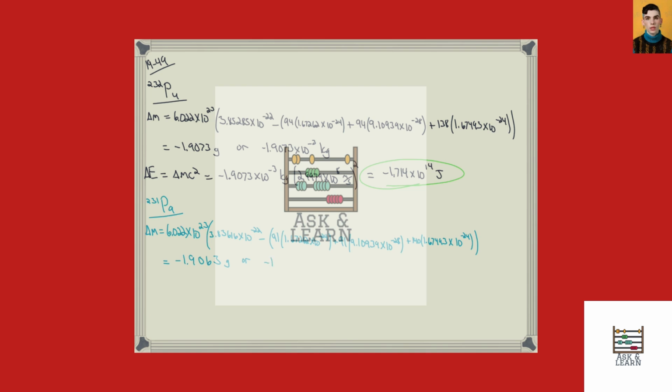We then get a mass defect of negative 1.9063 grams, or negative 1.9063 times 10 to the negative 3 kilograms.